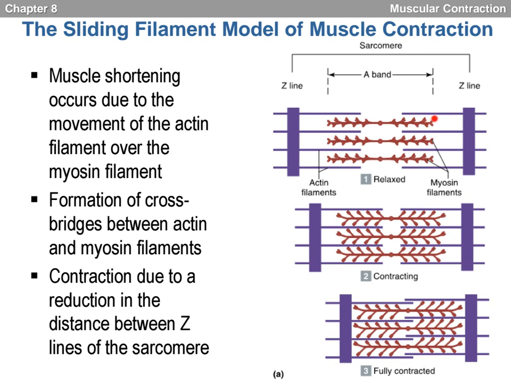So these are little molecular motors, and they're actually going to pull on the actin. And so they'll pull the Z lines on both sides towards the M line. And that leads to this shortening, which you can see here. So for example, here it shows a sarcomere that's fully contracted. And it's actually physically limited from contracting anymore by the fact that the actin will run into the M line.